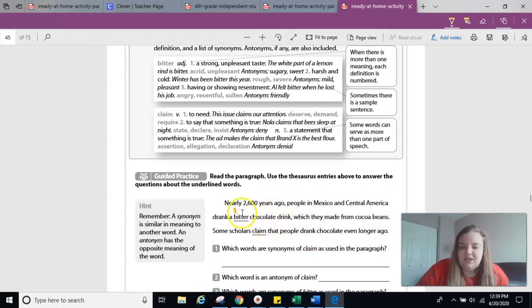They are trying to get that truth out to people. So 2. Which words are synonyms of claim as used in the paragraph? So claim, you're going to look at 2. Right here, synonyms. State, declare, insist. Right here are your synonyms in this light blue color, or gray.